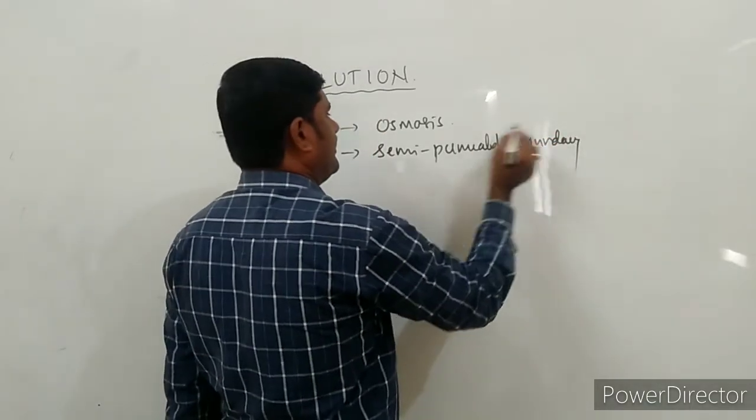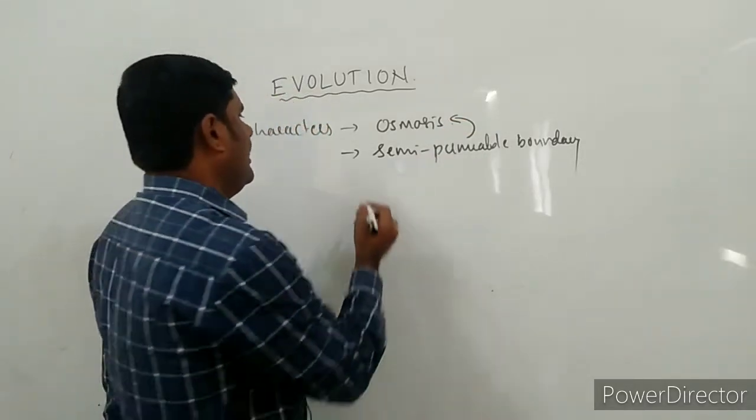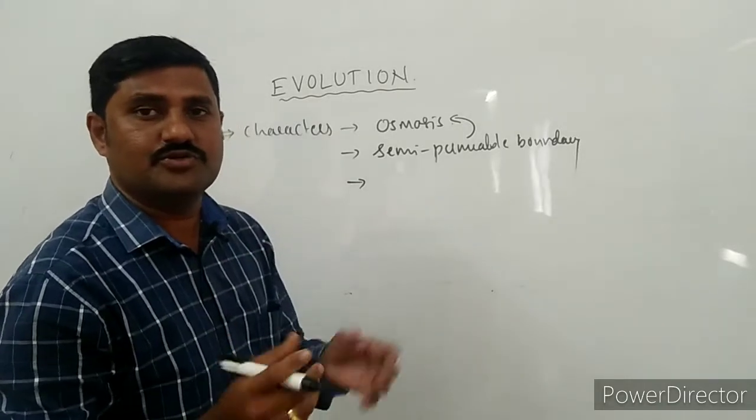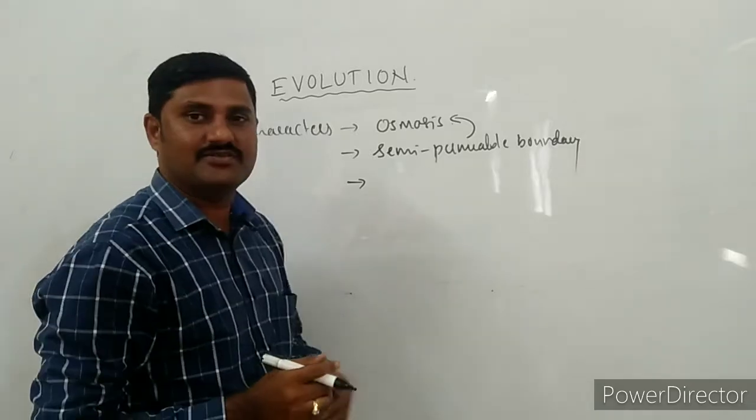Because of this semi-permeable boundary only, they exhibited osmosis. And they began to divide themselves into two equal sized or unequal sized fragments.